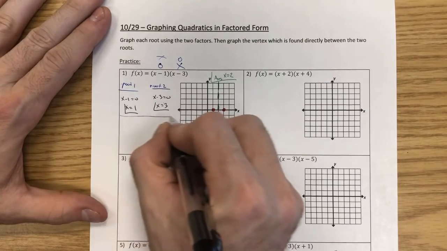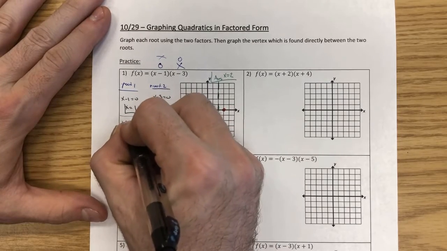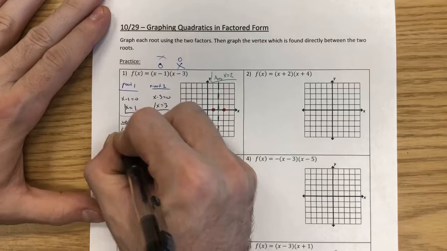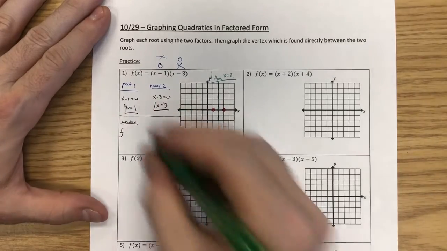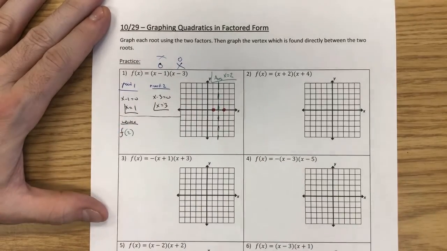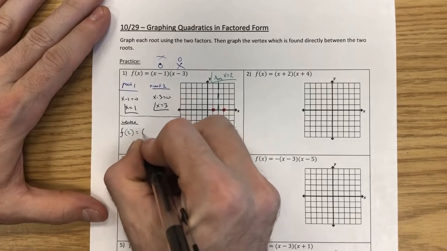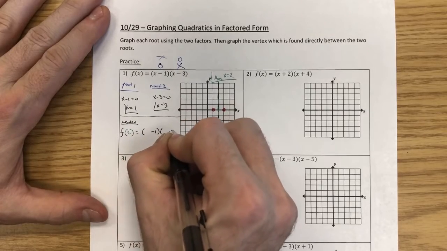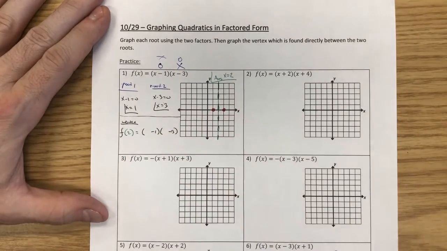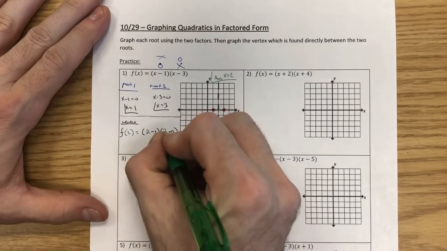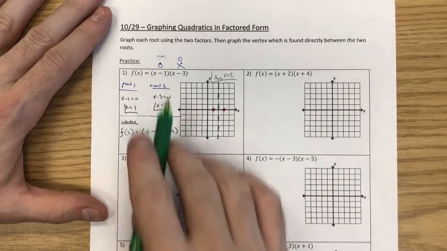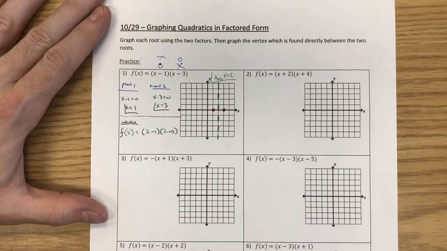And so I say, okay, to find the vertex, I plug in f of 2. And that's going to equal (2 - 1)(2 - 3). I'm going to plug my 2 into both spots where there's an x.